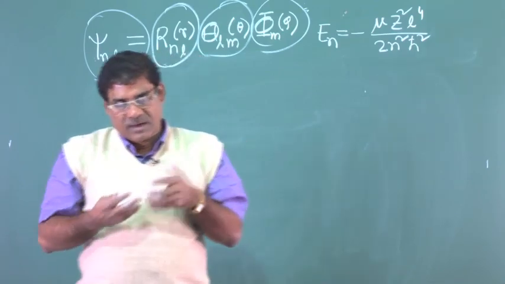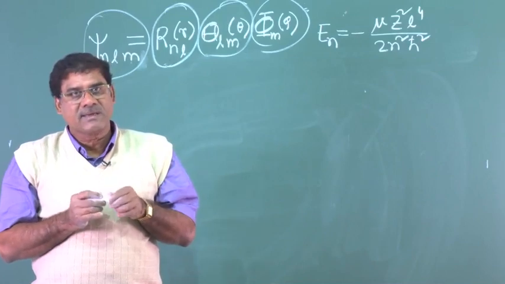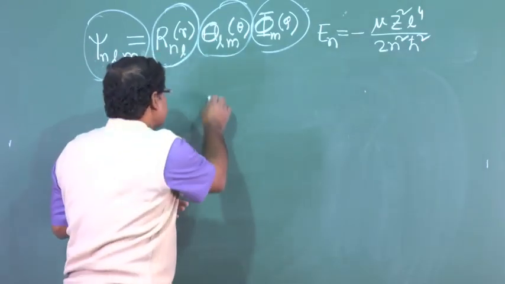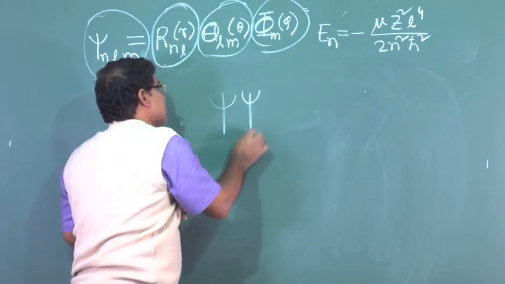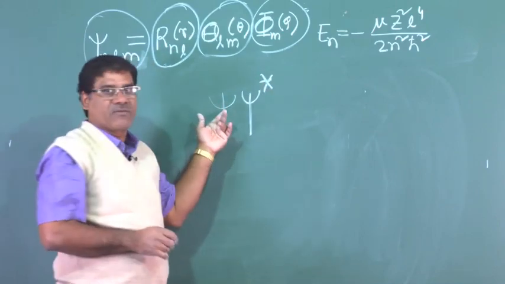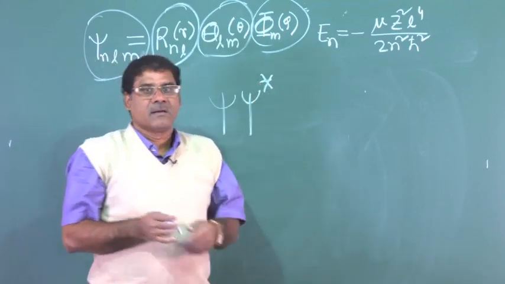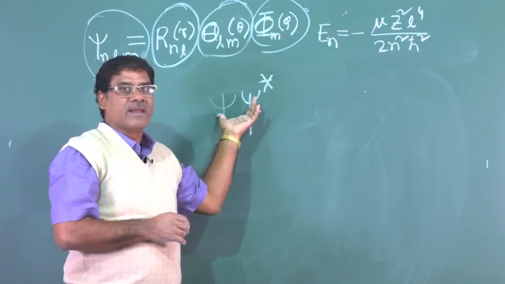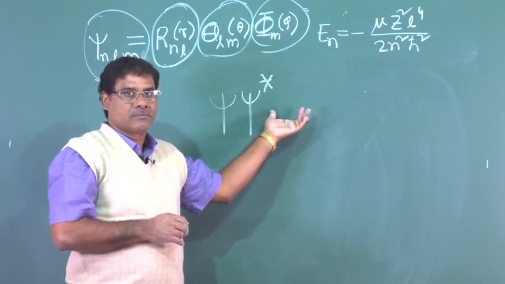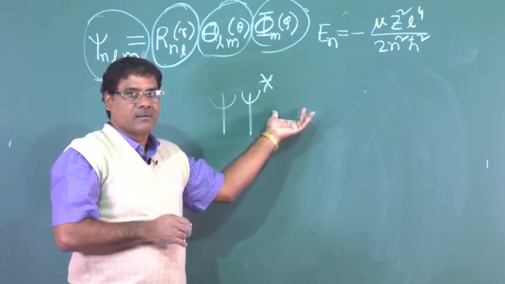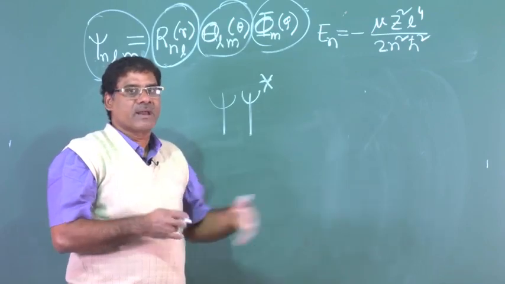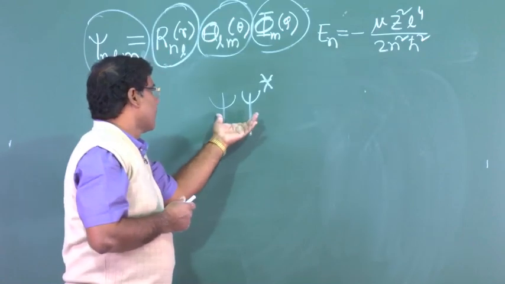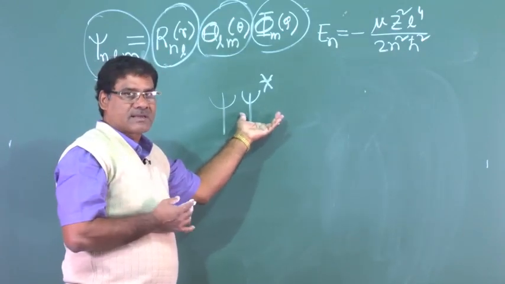we get it from the probability density, and that probability density is defined by psi star psi. If psi is the wave function, psi star psi is the probability to find the particle at a particular position, or to find the momentum of the particle at a particular position, etc. Okay.